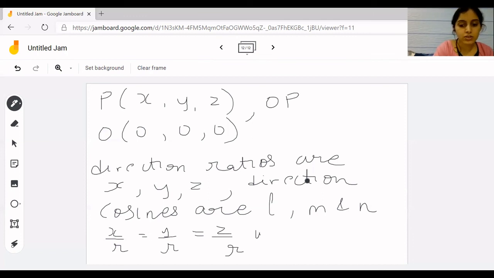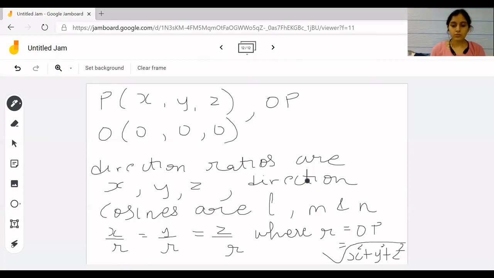R is equal to OP, which is equal to under root of X square plus Y square plus Z square. So direction cosines L, M, and N are given by X upon R, Y upon R, Z upon R, where R value is root of X square plus Y square plus Z square.